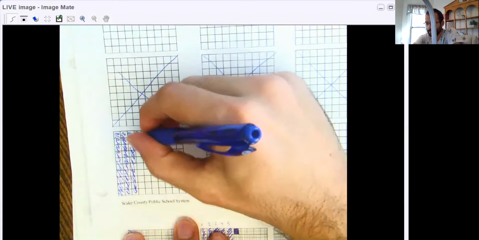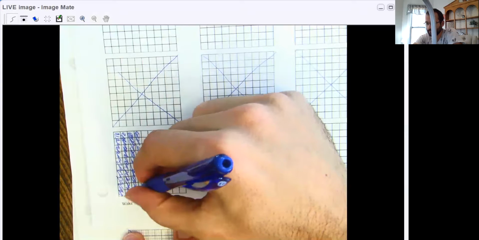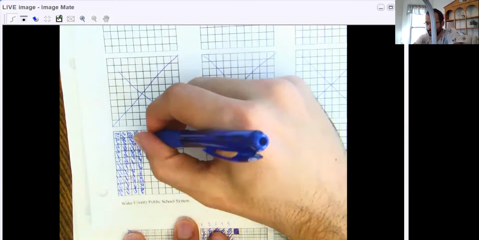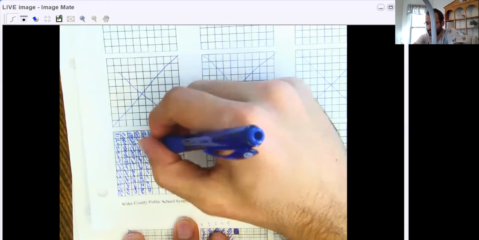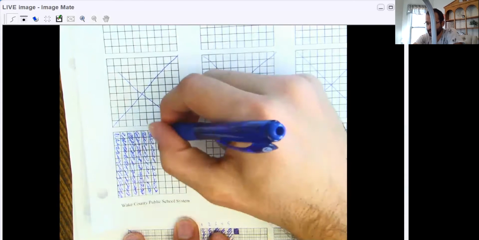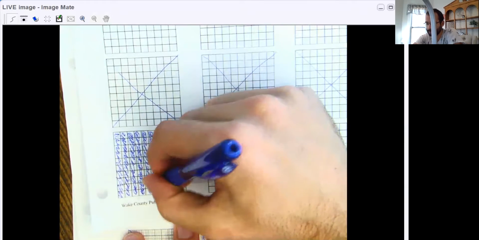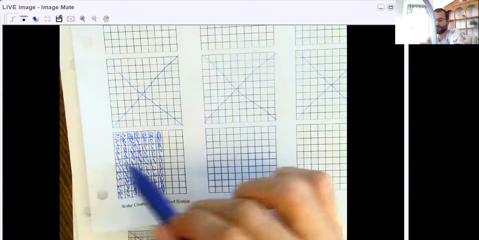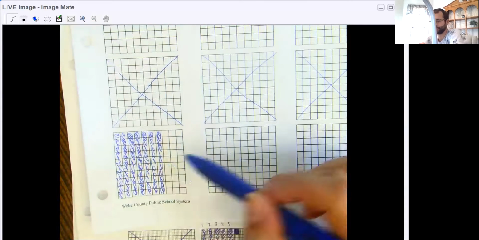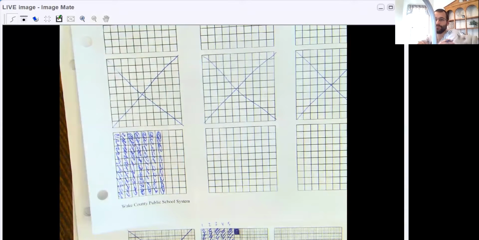There's 3. 4. 5. 6. And 7. So if you've done it correctly, you'll see 7 of your rods are shaded and 3 are not. Remember, there's 10 rods in each of my flats, so 7 should be shaded and 3 of them will not be shaded.